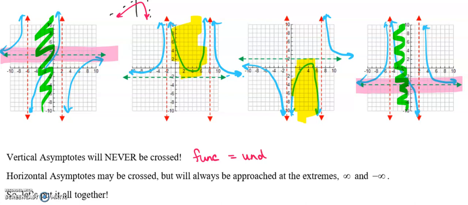So you'll never have a value there. But horizontal asymptotes can be crossed, but they'll always be approached at the extremes at negative infinity and infinity. So when you're going out towards the edges, you'll approach that horizontal asymptote. But in the middle, you can cross it. So it gets a little weird.